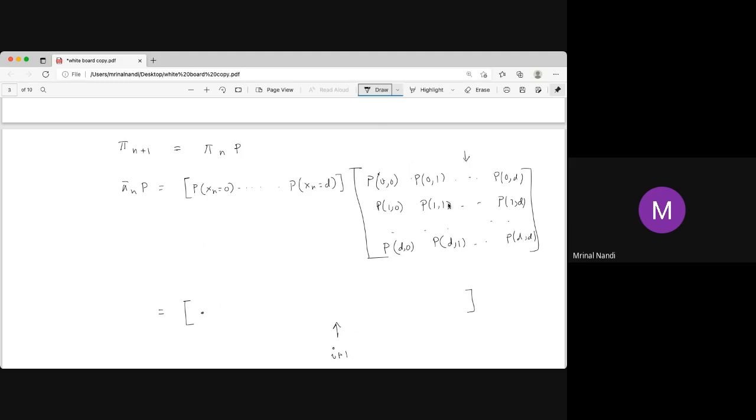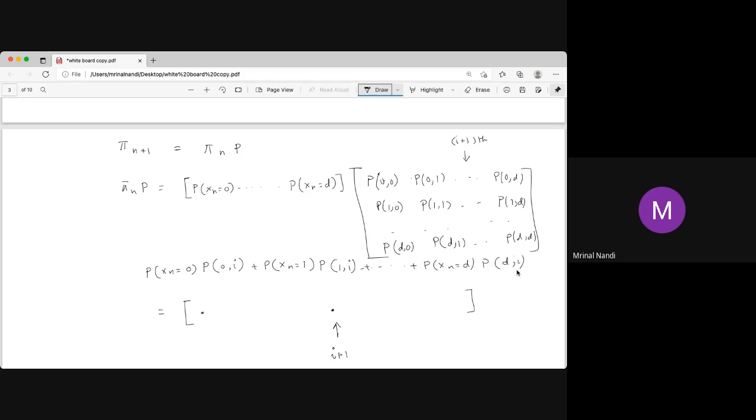To find the I plus 1th element, we need the I plus 1th column and take the dot product. So this I plus 1th element is probability of xn equal to 0 into P 0 I, plus probability of xn equal to 1 into P 1 I, plus dot dot dot, probability of xn equal to d into P d I.